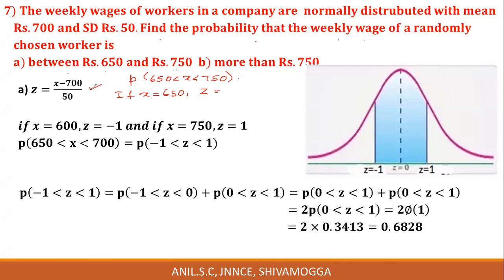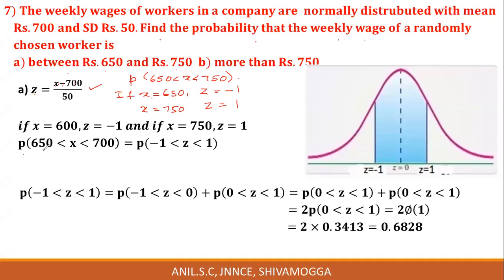Z will be (650 minus 700), that is minus 50, divided by 50, which is minus 1. If x is equal to 750, what is the corresponding value of Z? 750 minus 700 is 50, and 50 by 50 is 1.